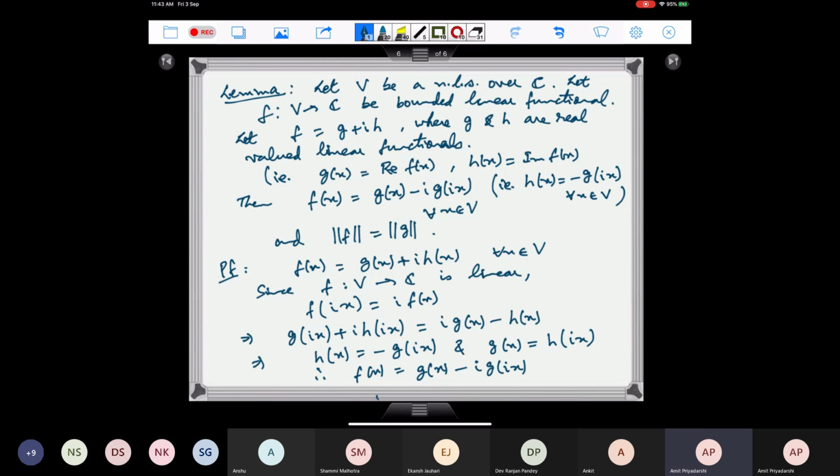So this is one thing that we wanted, and we have to see that norm of f is same as norm of g.